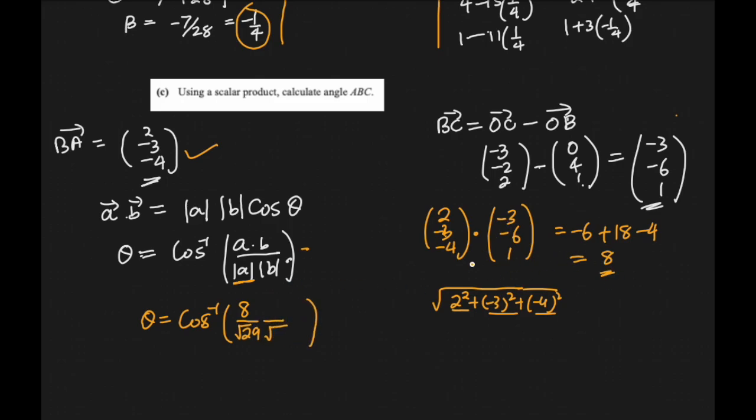Okay, the magnitude of this one, BC, minus 3 square plus minus 6 square plus 1 square. 9 plus 36, 45 plus 1, 46, square root 46. Just put this in a calculator and you'll get the answer. For me, it comes out to be 77.34762, so I will write 77.3 degrees. That's the angle.